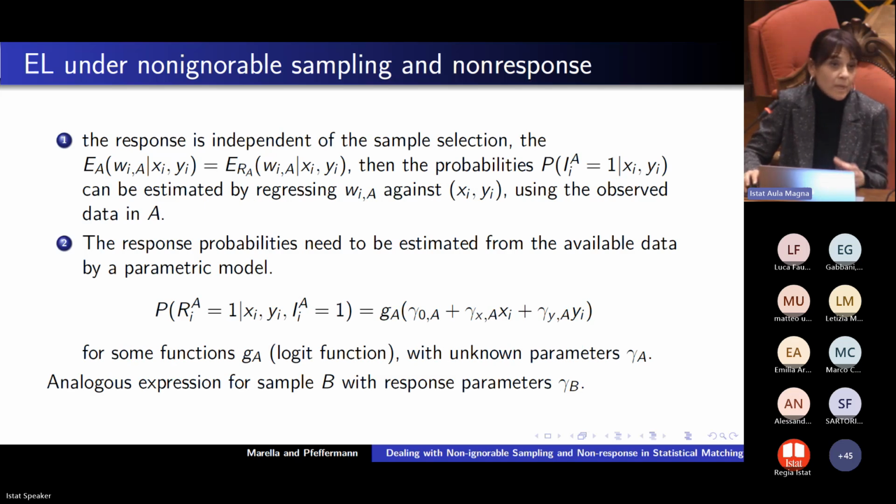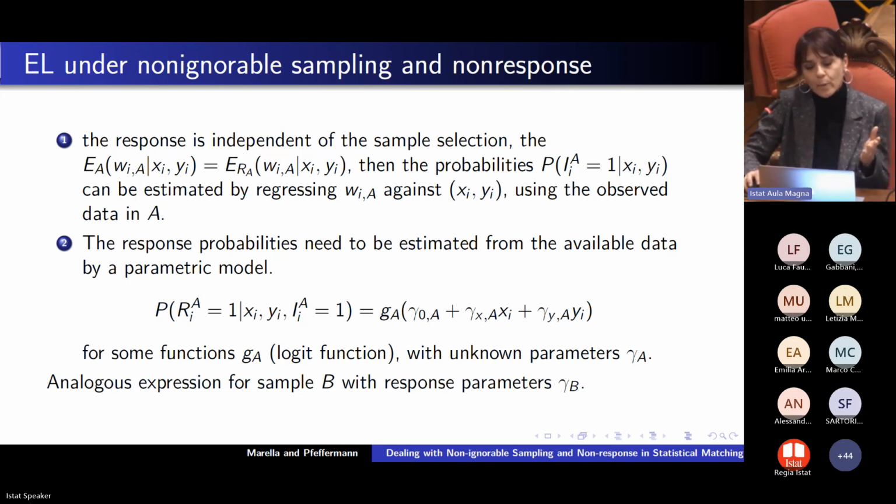First of all, if we assume that the response is independent of sample selection, then this equality holds, and as before, we can estimate this probability outside the likelihood by regressing the sampling weights against x_i, y_i, using the sample data in A. The same holds for the sample data in B. With regard to the response probability, we don't know it, so we need to estimate it, and we need to introduce a parametric model, for instance a logit or probit function, and clearly the model depends on unknown parameters gamma_A.